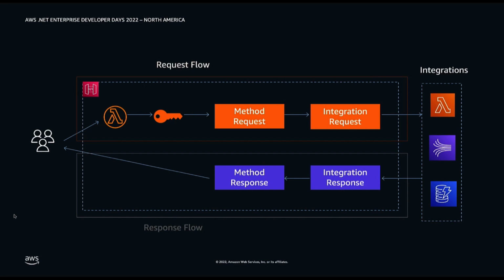The second piece is the request flow, which contains everything before the HTTP request hits the backing integration, and it's concerned with validating and preparing your request for the integration. And the third one is the response flow, which contains everything after the HTTP request hits your integration and deals with preparing the response to the client.